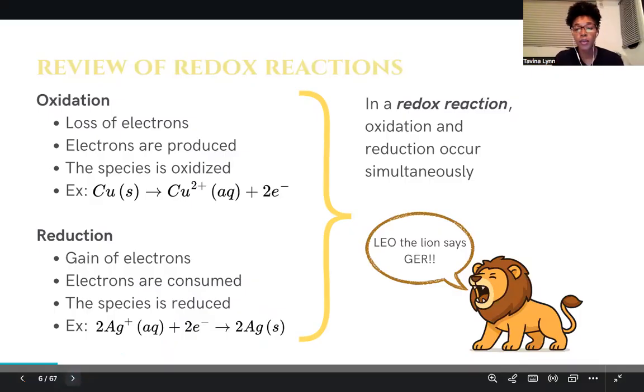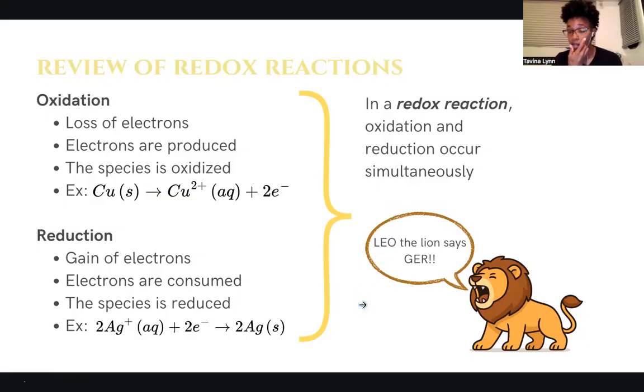So remember our mnemonic device, Leo the lion says grr, to remember what happens with our electrons in oxidation and reduction.